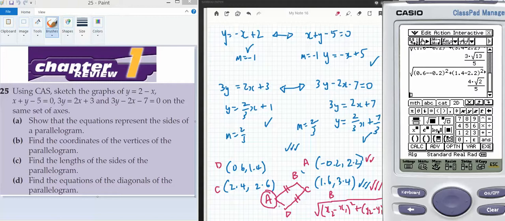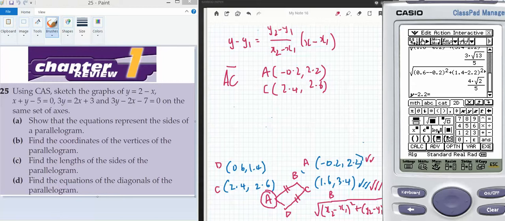And AD will be this to this, so 0.6 minus negative 0.2 squared, and y2 is 1.4 minus 2.2 squared, which gives me the distance for the lengths of the sides of the parallelogram. Find the equations of the diagonals.